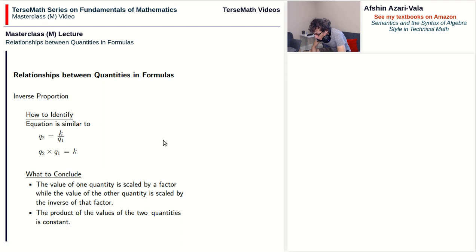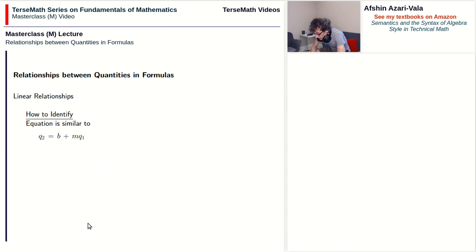So one gets multiplied by 2, 2 is your factor, the other gets multiplied by 1/2, which is the inverse of 2. We can also say from the conservation form that the product of the two values is constant.